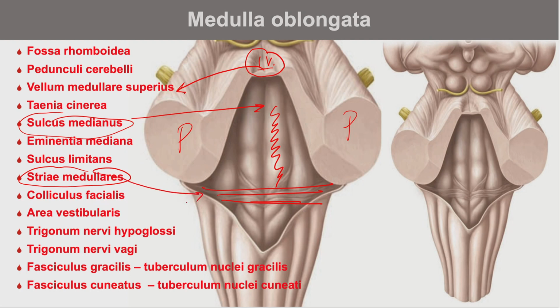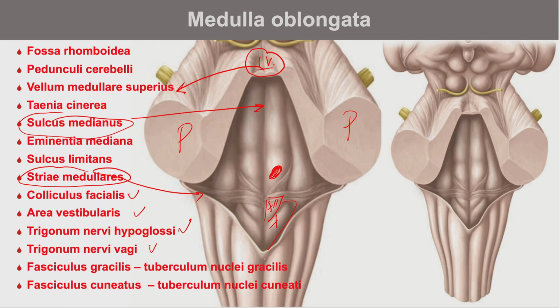And at the floor of the fourth ventricle, we can see structures which are above the nests of neurons, which are colliculus facialis for the facial nerve, area vestibularis, and trigona of the hypoglossal and vagus nerves. So they are arranged here about. So colliculus facialis, and here trigonum nervi hypoglossi, and here trigonum nervi vagi.